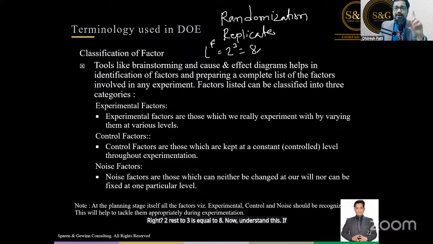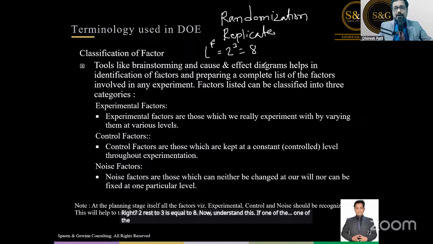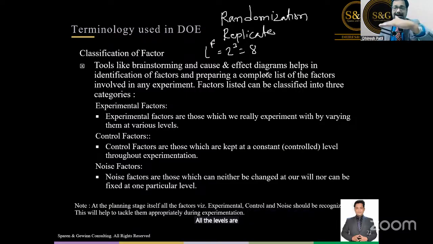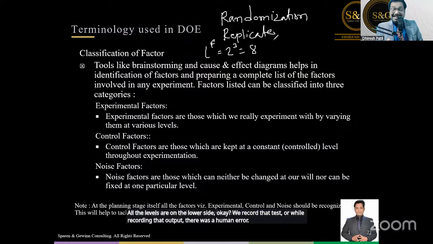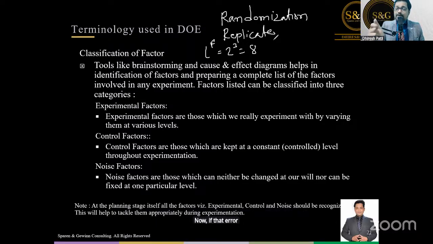If one of the experimental runs has all the levels on the lower side, but while recording that output, there was a human error, we will not be able to find out unless I run the experiment once again. If there is a drastic change in the output, understand this?